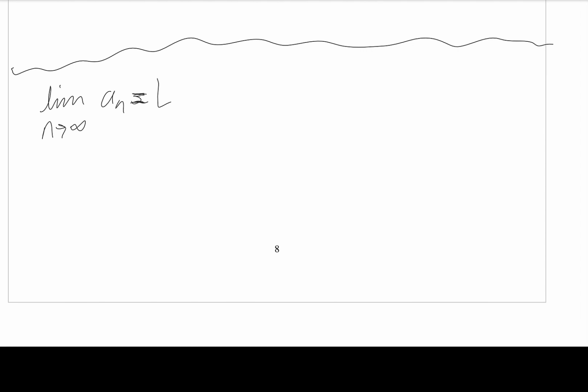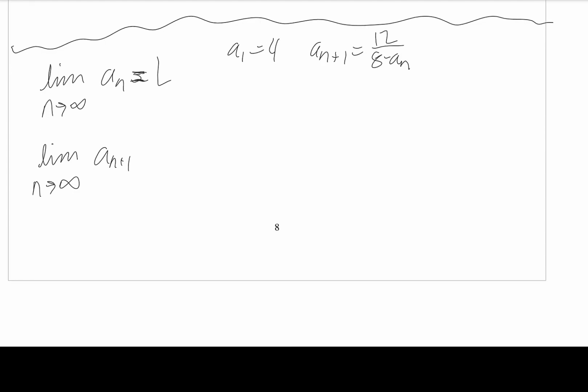So let's see. We were given a sub 1 equals 4, a sub n plus 1 is equal to 12 over 8 minus a sub n. Then the limit as n goes to infinity of a sub n plus 1, keep in mind, using our a sub n plus 1 formula, is going to be 12 over 8 minus a sub n.